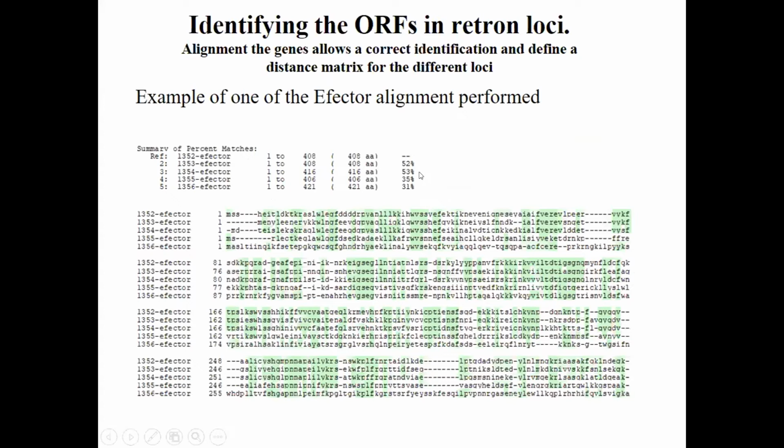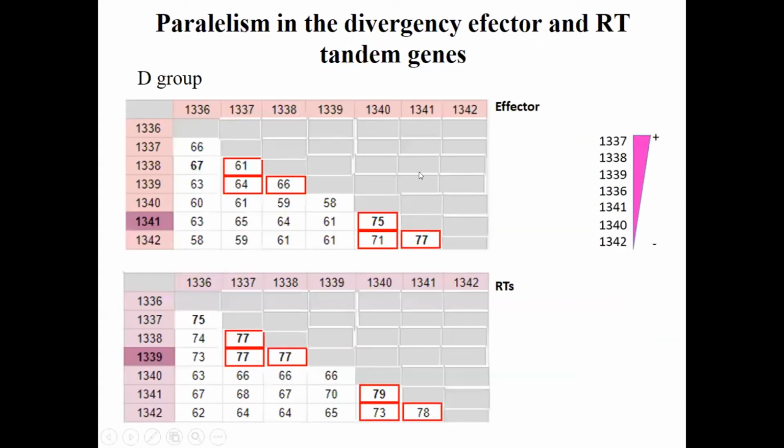Based on this percentage, we can obtain a distance matrix to order these systems from more closely to more distantly related.